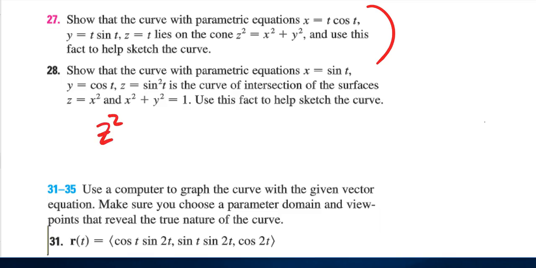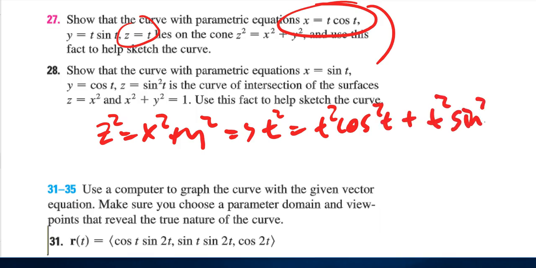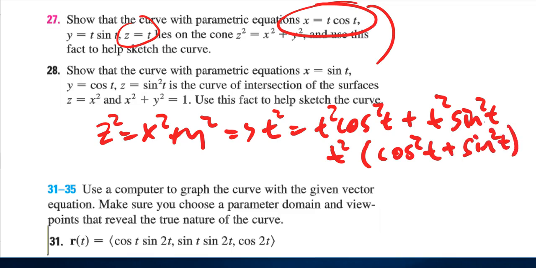So you have z squared equals x squared plus y squared, which means if I use z as t, we have t squared equals t squared cosine squared t plus t squared sine squared t. And if you take that t squared out of the right, you get cosine squared t plus sine squared t, and this is all just equal to 1, so we get t squared equals t squared. And there you have it.